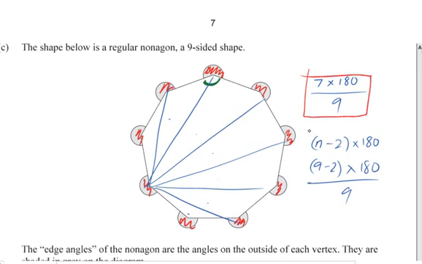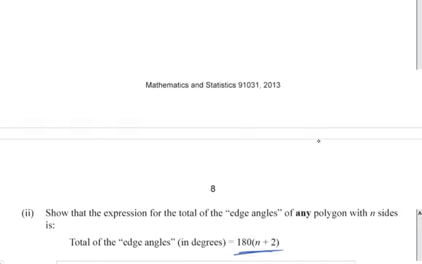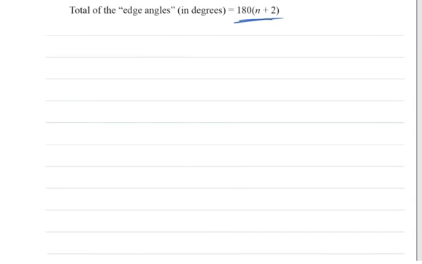So if we look at our formula, we took n minus 2 times 180, and then in terms of n, what did we divide it by? 9. So what's 9 in terms of the number of sides? We divided it by n. So all we need to write is n minus 2 times 180 divided by n.